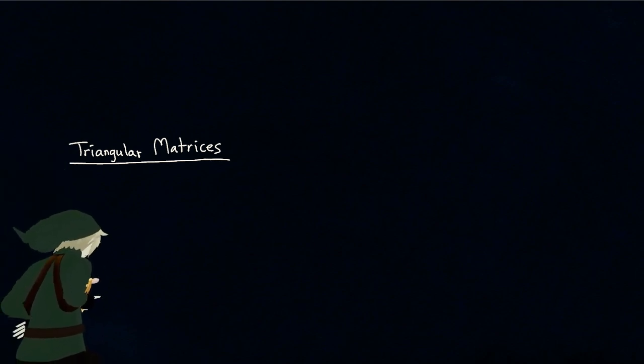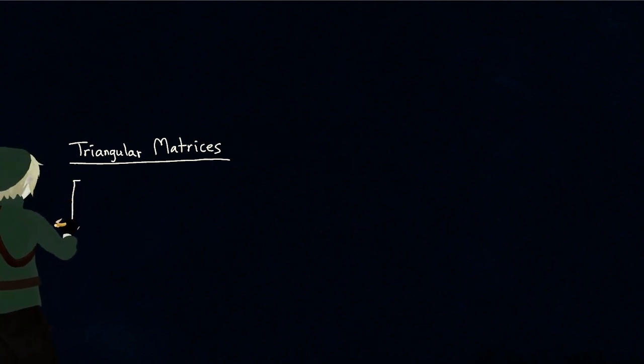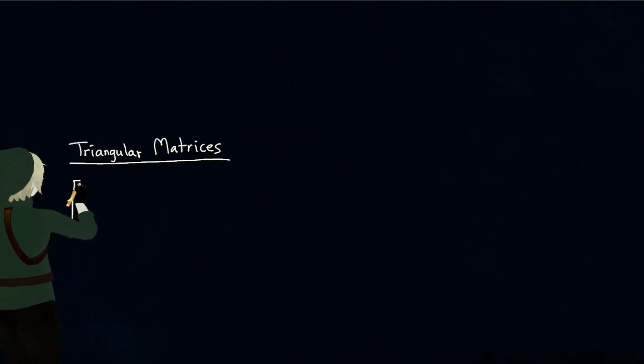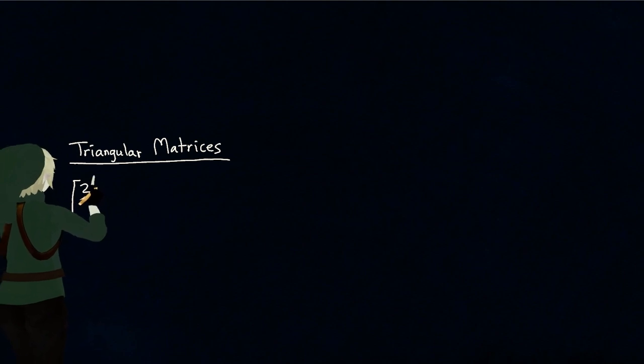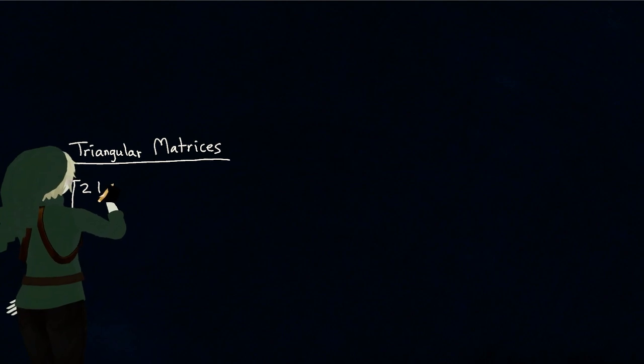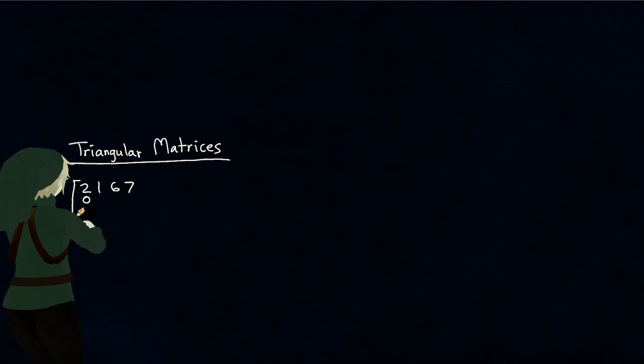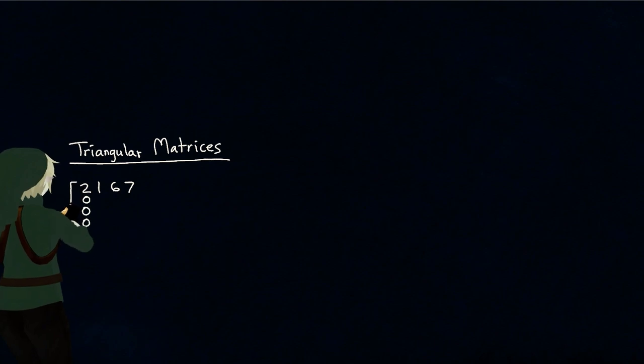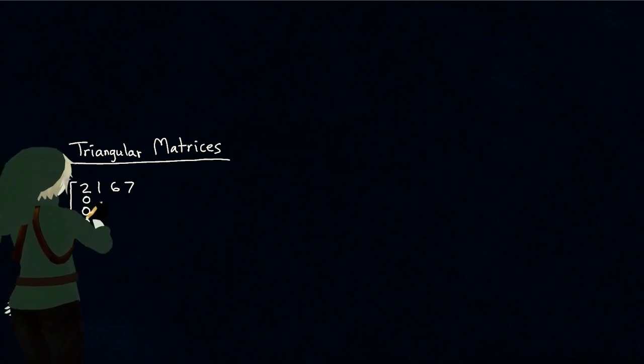So, triangular matrices. I think it's better if I just show you what the matrix looks like rather than tell it to you in words. But in general, it's just a square matrix where about a triangular portion of it is zeros.